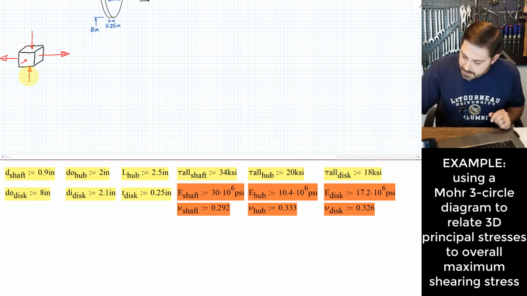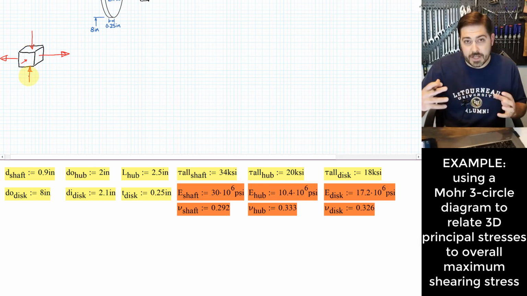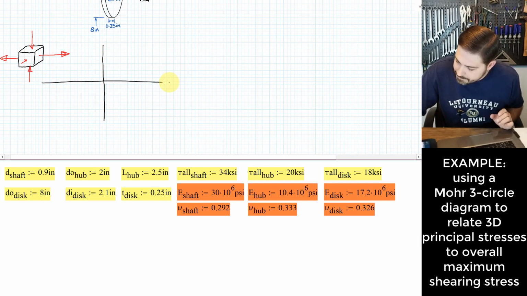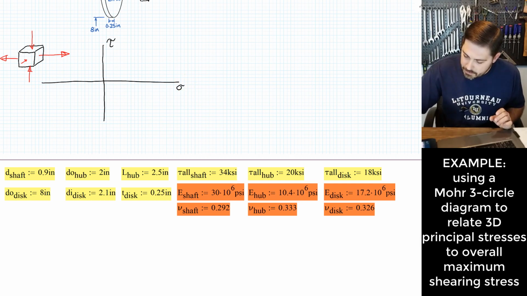Once I've done that, I can think of the total state of stress on this body on a Mohr three-circle diagram, right? So let's say I draw this diagram such that I'm putting my shearing stress up here and my normal stress here. And we look at each of these. I'll call this one sigma 1. I'll call this one sigma 2. And I'll call this one sigma 3.